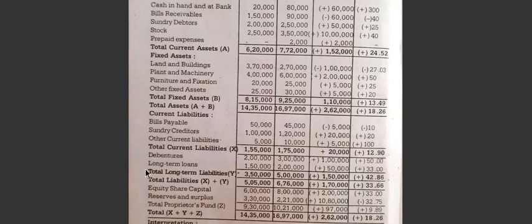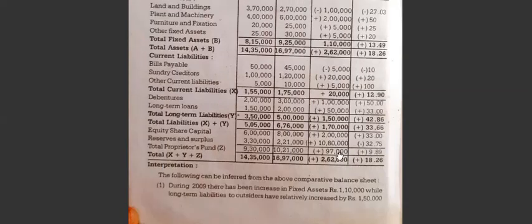Next come the debentures and long-term loans. Two items you have to write: debentures and long-term loans, with the difference and the percentage. Total long-term liabilities also. Next, total liabilities. Here you have equity, reserves and surplus, and total proprietors fund.